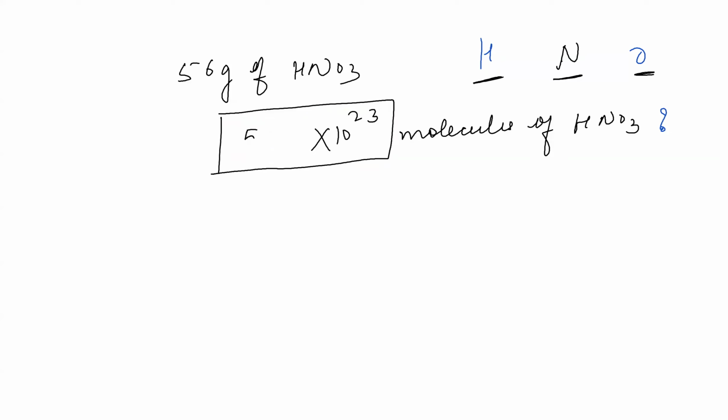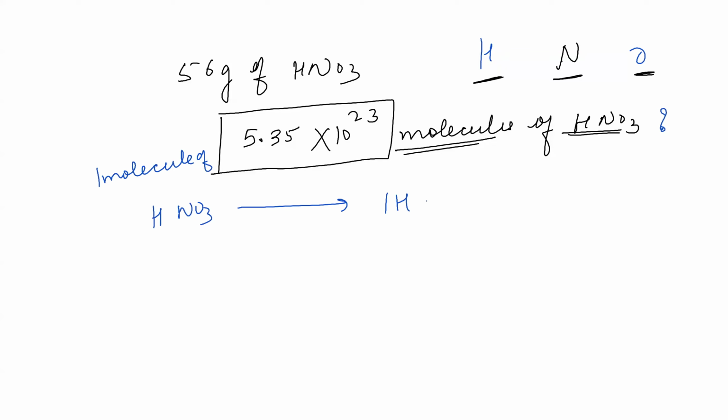So we have these many molecules of HNO3. If I have these many molecules of HNO3, that means how many H atoms? I know that one molecule of HNO3 will contain one H atom. So if I know for one molecule, how do I convert it to this? I multiply this with 5.35 into 10 raised to the power 23 molecules.